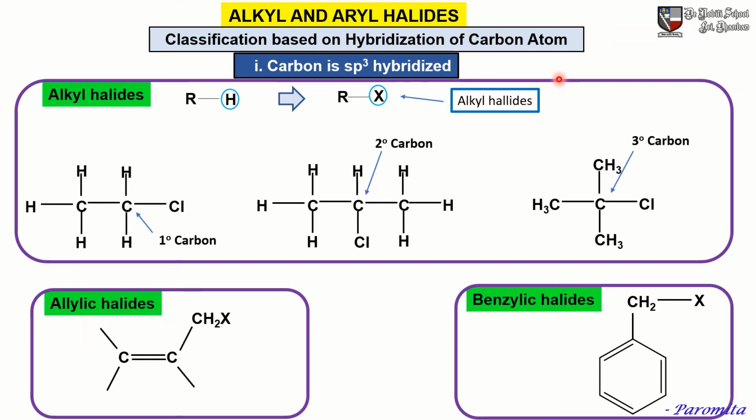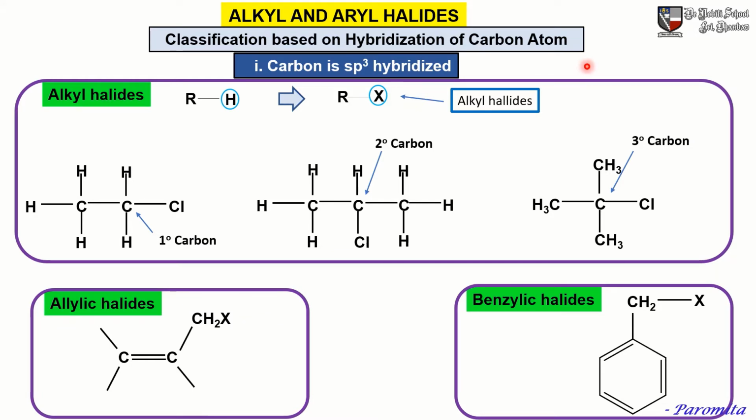Now, these halogen derivatives, that is alkyl and aryl halides, may further be classified on the basis of number of halogen atoms present in their structure as mono, di, tri or polyhalogenated compounds.